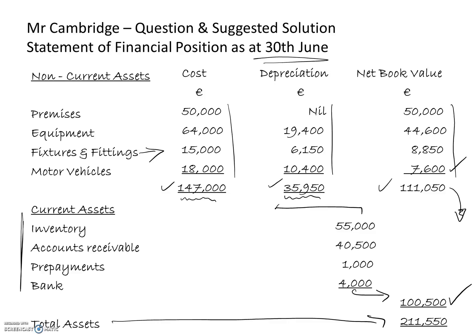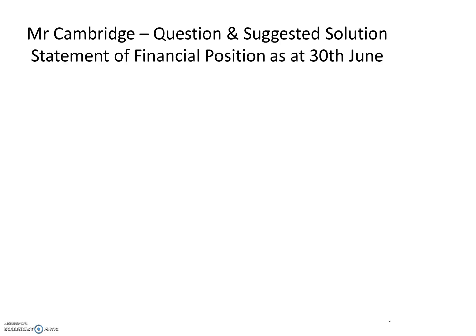We are now going to look at the other part of the statement of financial position, which will be the capital and the liabilities. We have a total asset figure of 211,550, and remember, total assets must equal capital and liabilities. So looking at our capital part, first of all, we have the capital, and we'll take the balance at the start of the year.